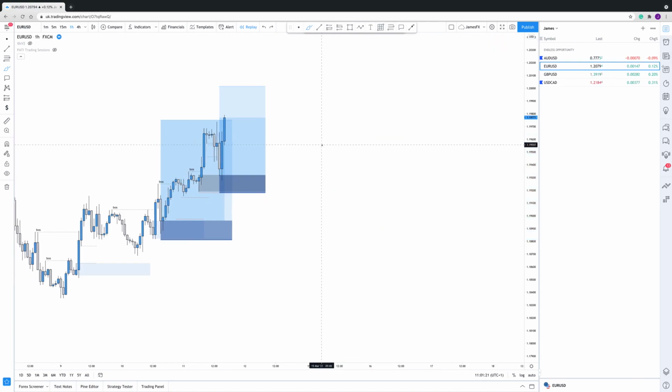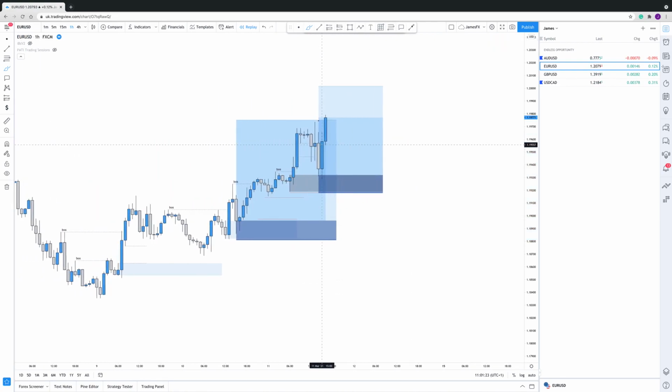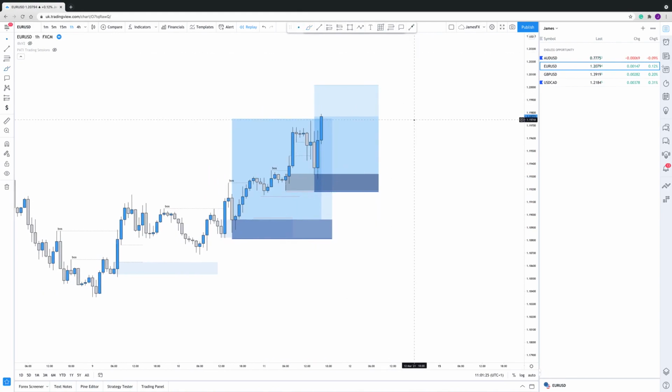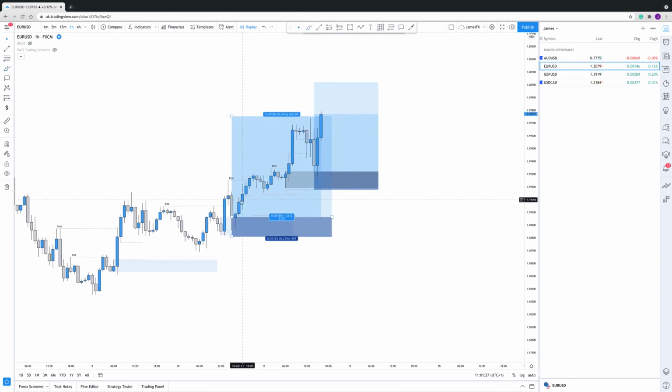If you can learn that in trading, then you know you're onto a winner. But from this first trade that we were in, we were set to break even once we broke structure. We then broke structure here, and then we moved our stop loss to the low, and then keep repeating the process.